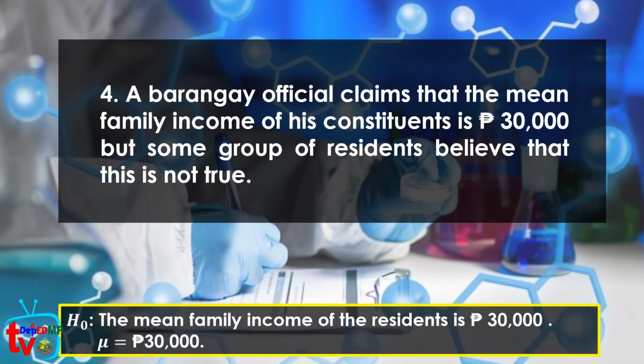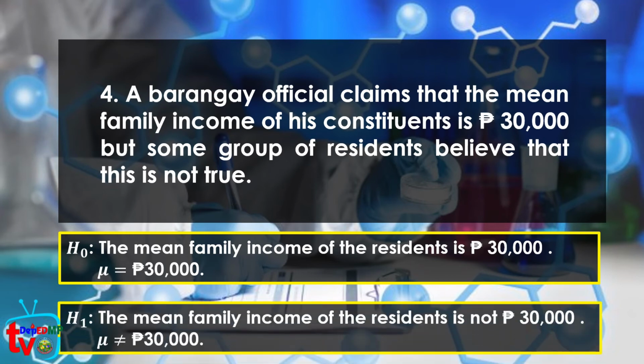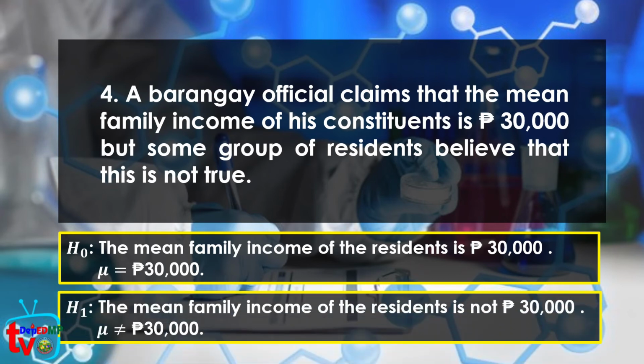For number 4, the null hypothesis is the mean family income of the residents is 30,000 pesos, or in symbol, the mean is equal to 30,000 pesos. For the alternative hypothesis, the mean family income of the residents is not 30,000 pesos, or in symbol, mean is not equal to 30,000 pesos.